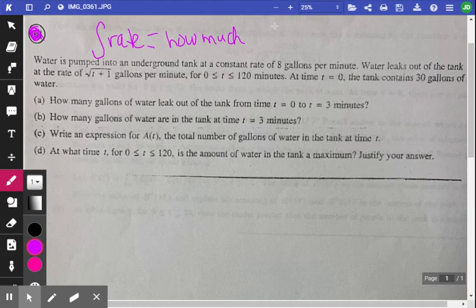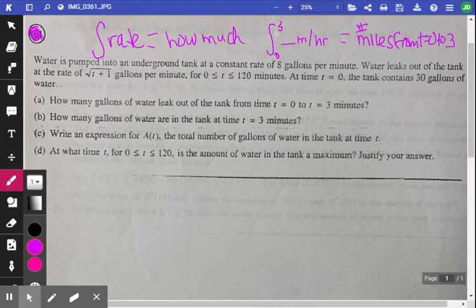For example, if I took the integral from 0 to 3 of something in miles per hour, in the end I would get the number of miles traveled from time equals 0 to 3. So that's what the integral is telling me.